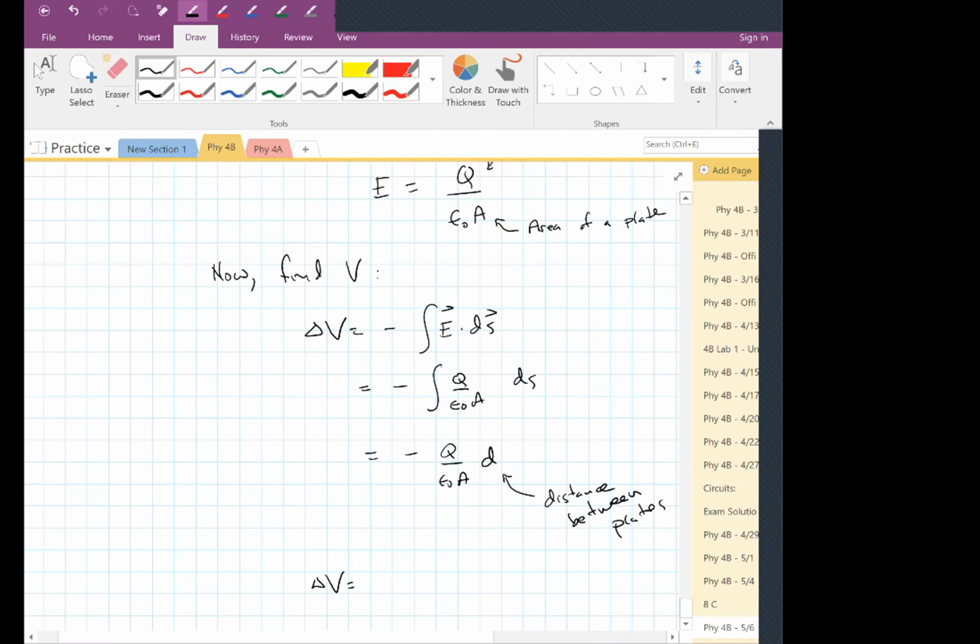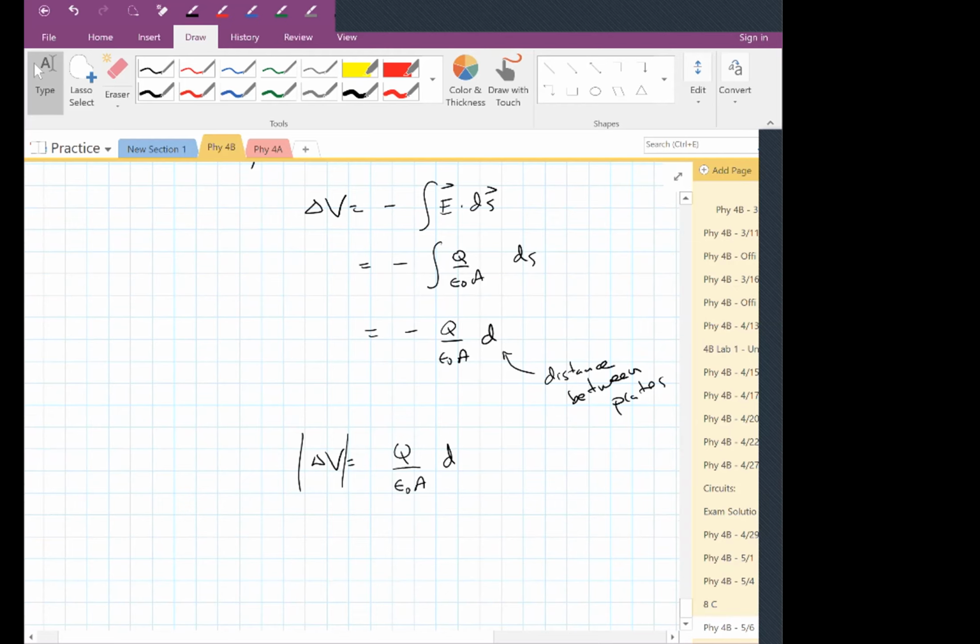I just want to compare this. What's my equation? Q equals C delta V, right? That's the equation I'm trying to get this to. So I'm going to move stuff over.